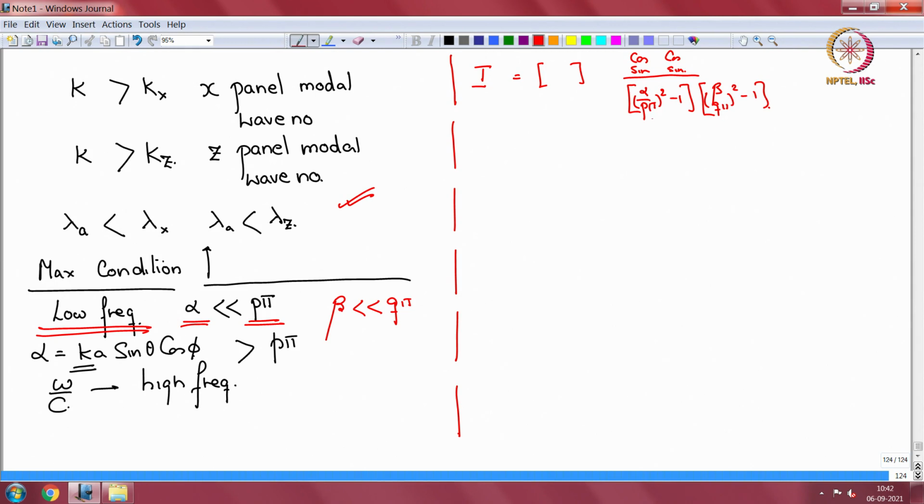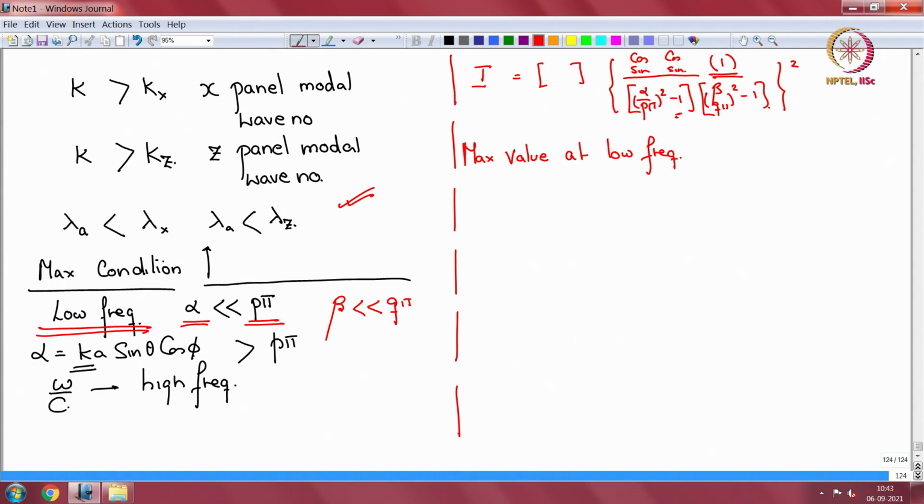So these are smaller than, and there is a whole squared also. So these are much smaller than 1. So 1 dominates in the denominator, and I am looking at the maximum value, again the maximum value at low frequencies. So for the cosines and sines I will take value 1 as the maximum value.